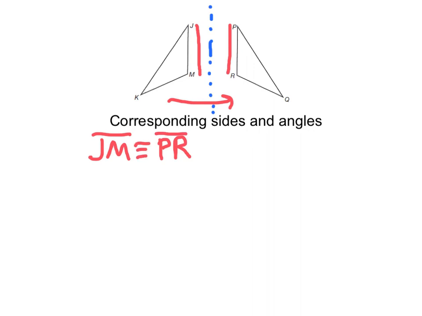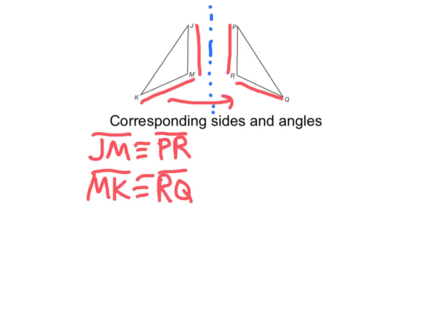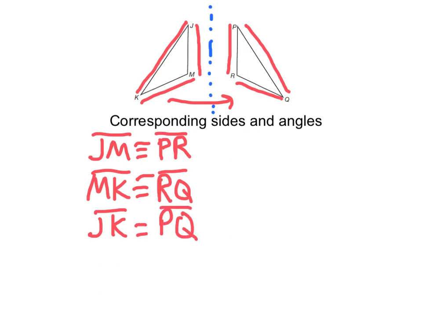We don't have any measurements to prove it, but we'll just make that assumption. Side MK would correspond to RQ. And then JK corresponds to PQ. So those are the corresponding sides.